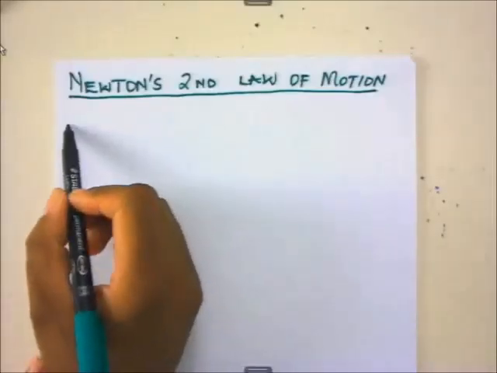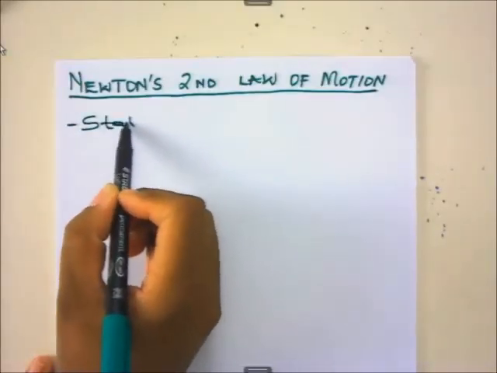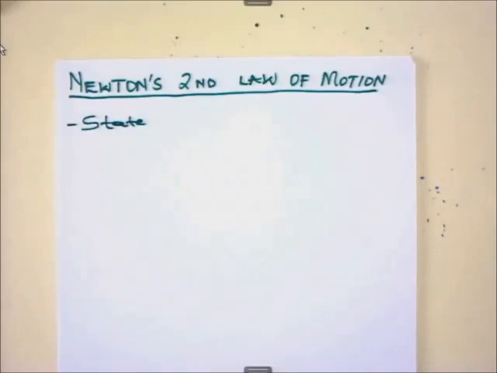Now we're going to deal with Newton's second law of motion. The first important thing that you must be able to do is to state Newton's second law, and you must state it the way it is in the exam guideline. I said to you, each and every one of you must have a copy of the exam guideline and use it as a checklist.